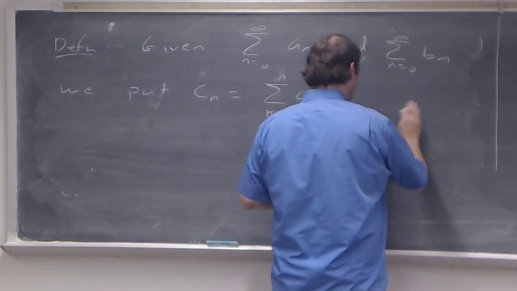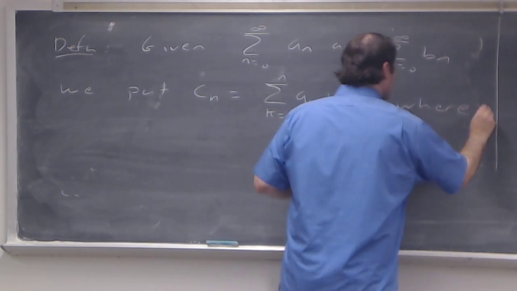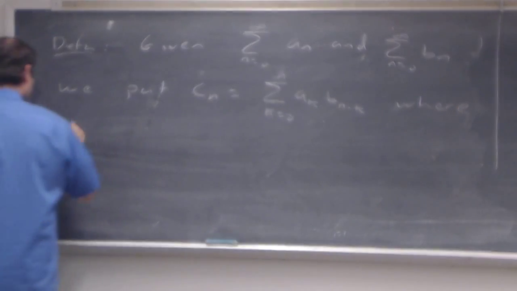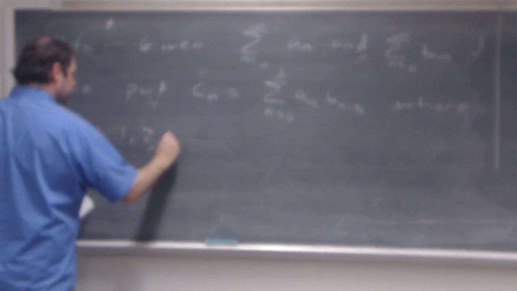And here n is equal to 0, 1, 2, forever.